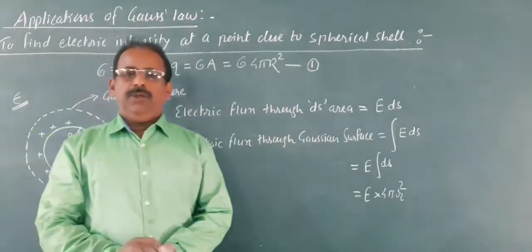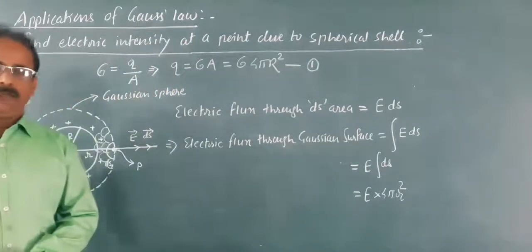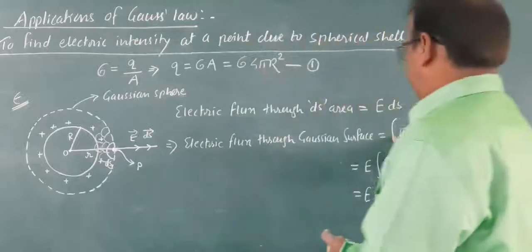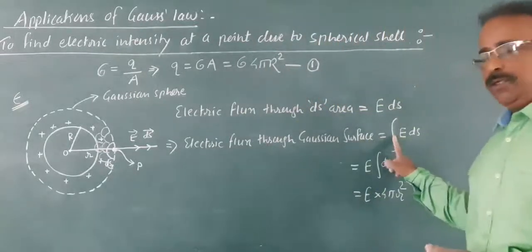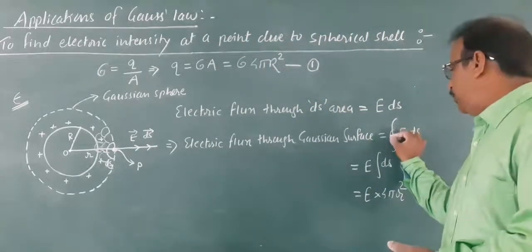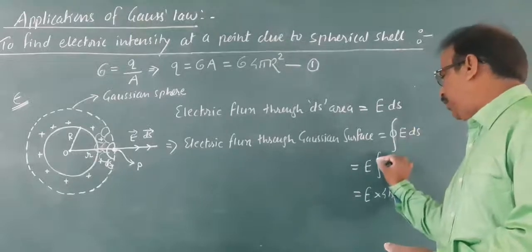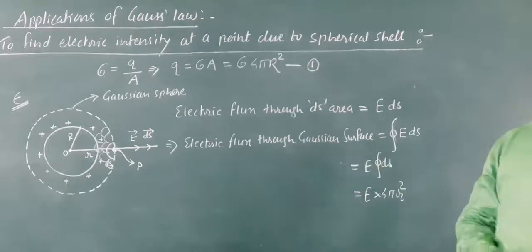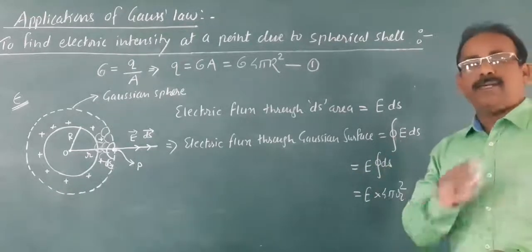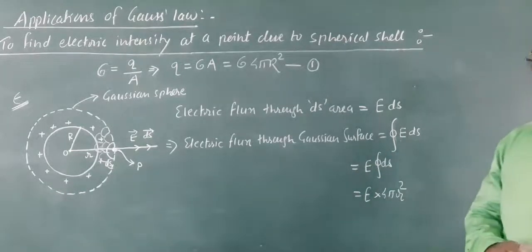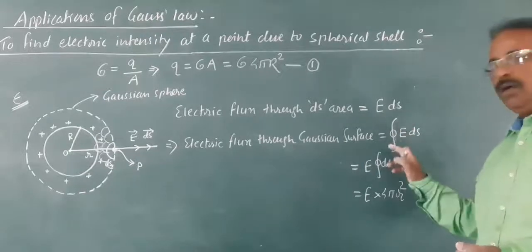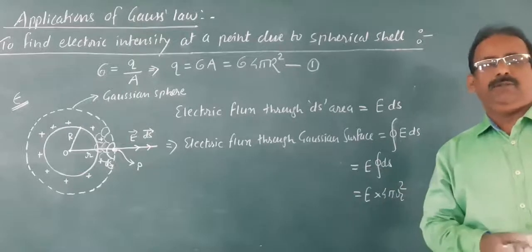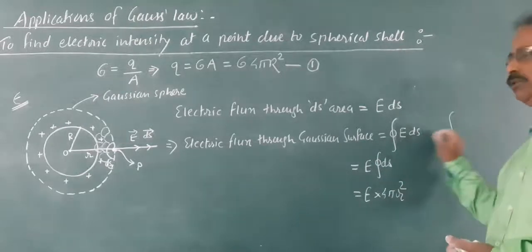Generally, in case of closed surface, instead of this symbol for integration, we use such a symbol for integration. It is specially for closed surface, which is called surface integral. You can write this symbol or the symbol for integration simply like this. Both are correct.